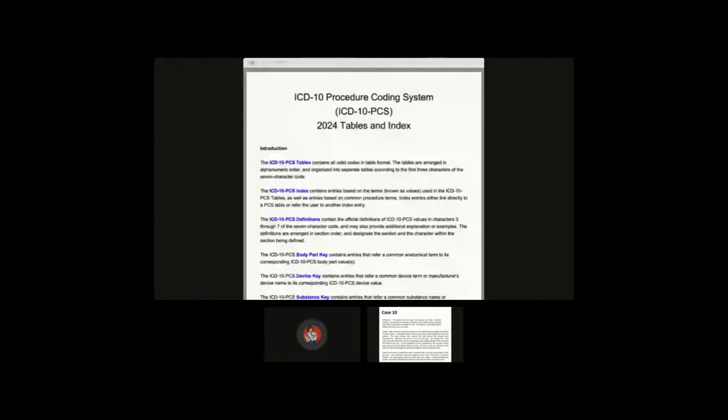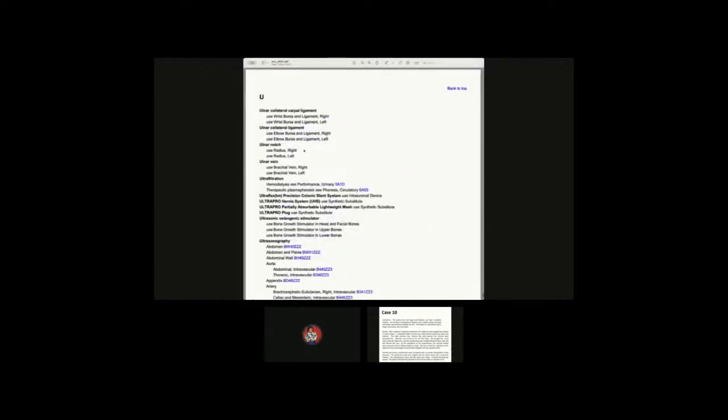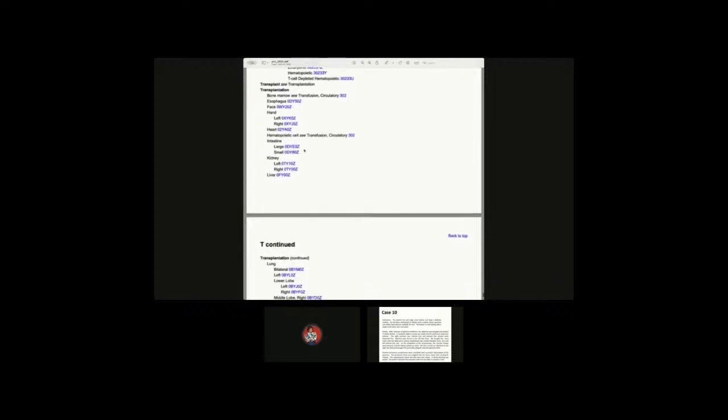All right, so of course, you should know by now, the goal is to get to our code, and we start with the index with our root operation. And in this particular case, it's transplantation. So I'm going to start backwards. And while we're here, let's get 2 tables.